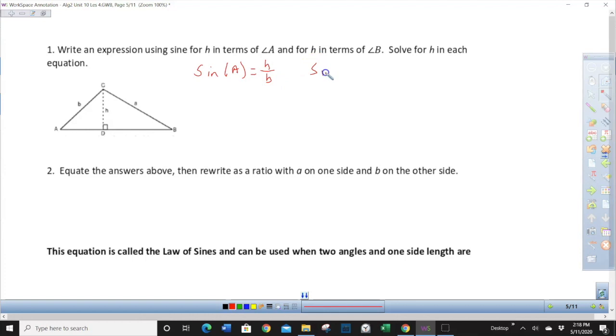And sine of B would be, here's B, so sine is opposite over hypotenuse, so H over A.